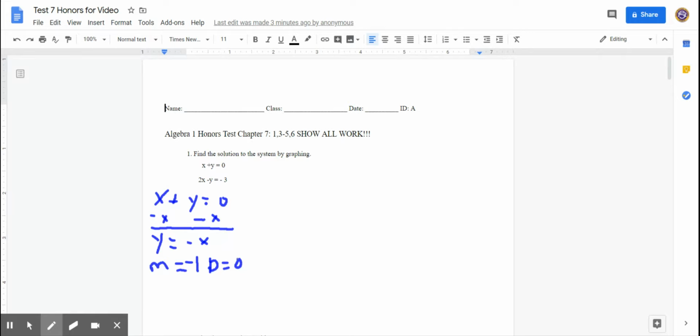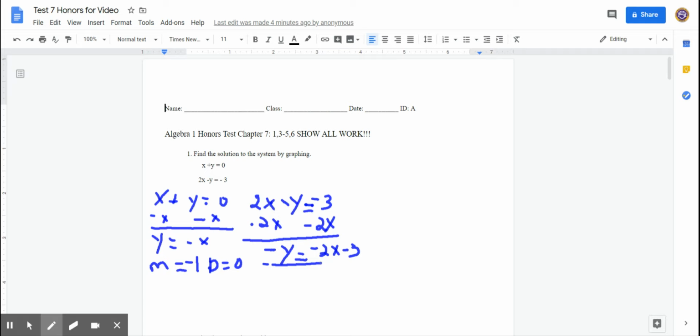Now we have to do that for the second one. So we have 2x minus y equals negative 3. And we have to solve this equation for y. So subtract 2x from both sides, and we get negative y equals negative 2x minus 3.